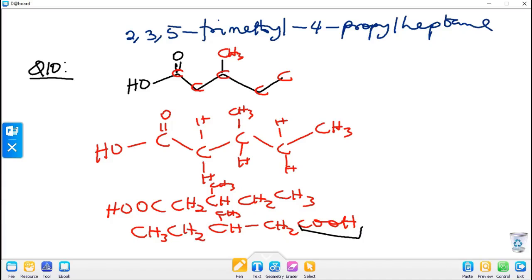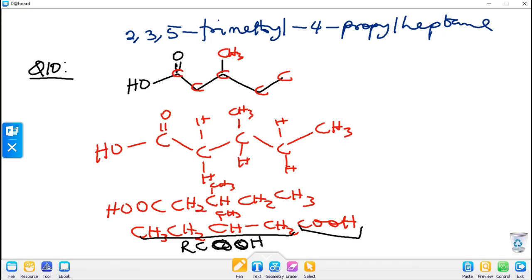So this is just like RCOOH. That is what it is, RCOOH. So all this here is our R, and then we have COOH. So that is just it.